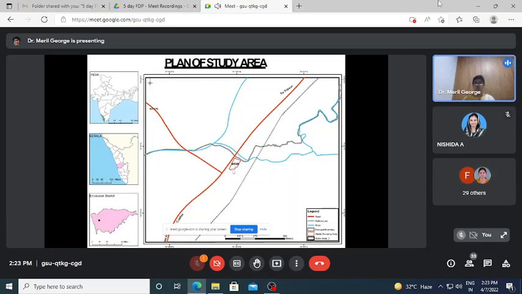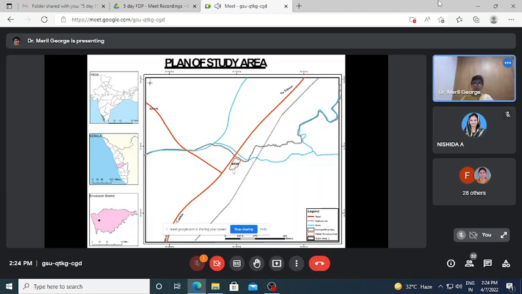So by analyzing this site, it is clear that only three sides are covered. One side it is river, one side it is highway, one side it is railway track. The accessibility is very difficult. To collect soil samples, it was a challenge for me.